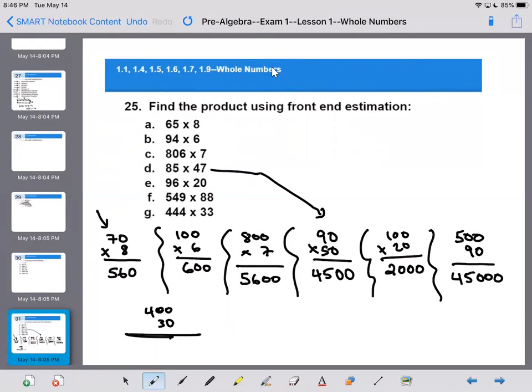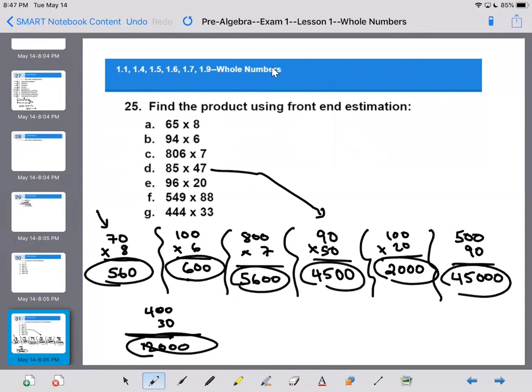So 4 times 3 is 12. I see the 3 zeros, which means I'm multiplying it by 10 3 times. So these are all approximates. These are all estimates using the front-end approach. Very easy approach because you're really working with easy numbers. You're working with lots of zeros.